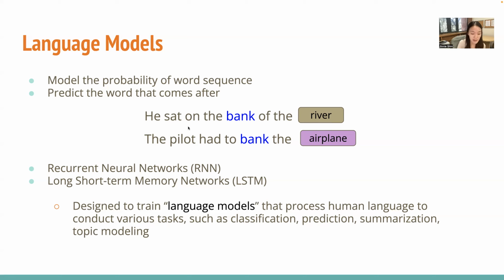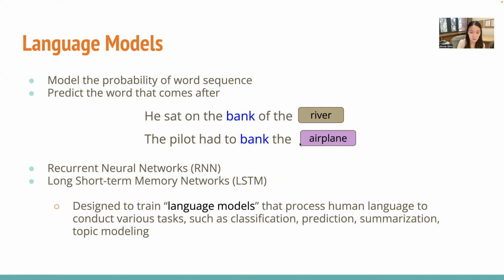Similarly, for "the pilot had to bank," the model understands the word bank is used in verb form, hence it will be able to continue with something associated with the pilot's action. So something like airplane would be a great continuation of the sentence.